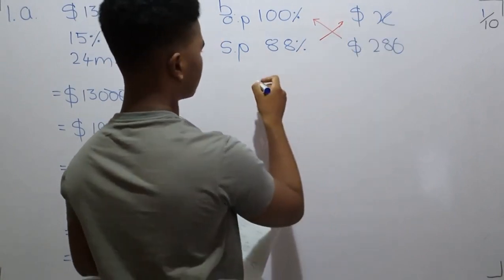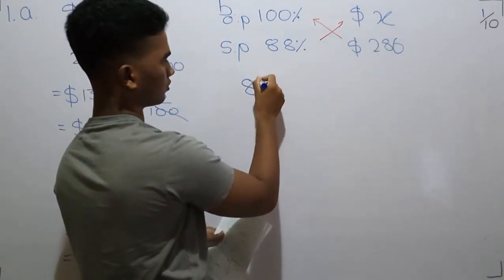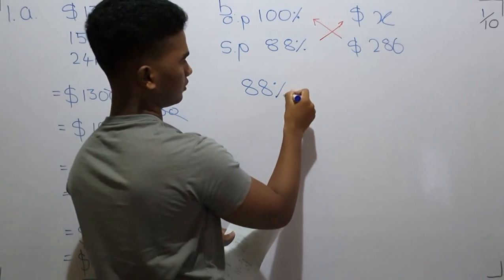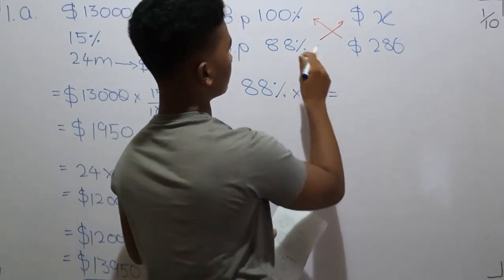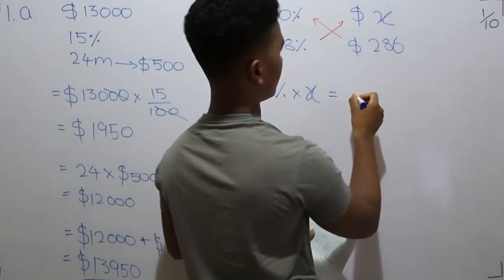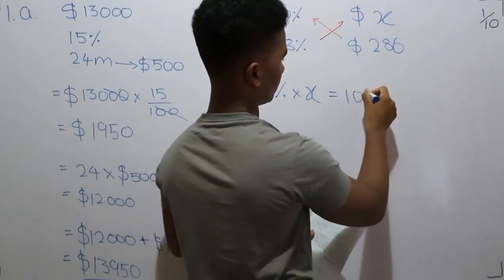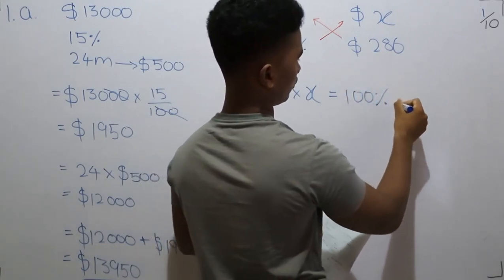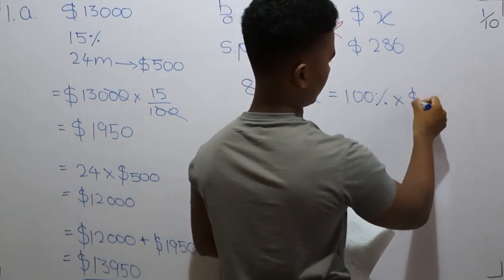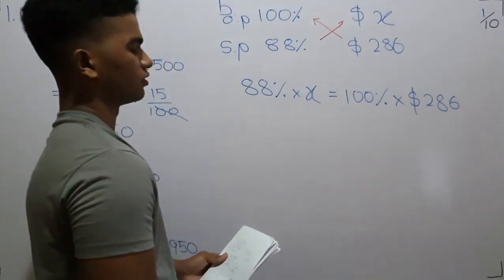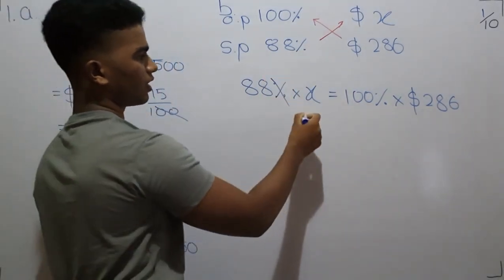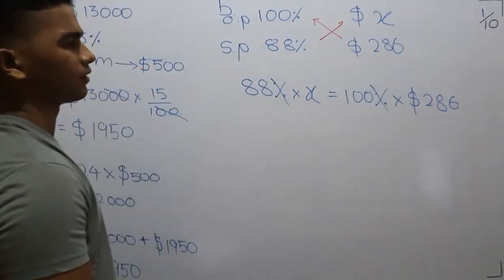88% into X equals 100% into $286. So the percentage mark and percentage mark will get cancelled.